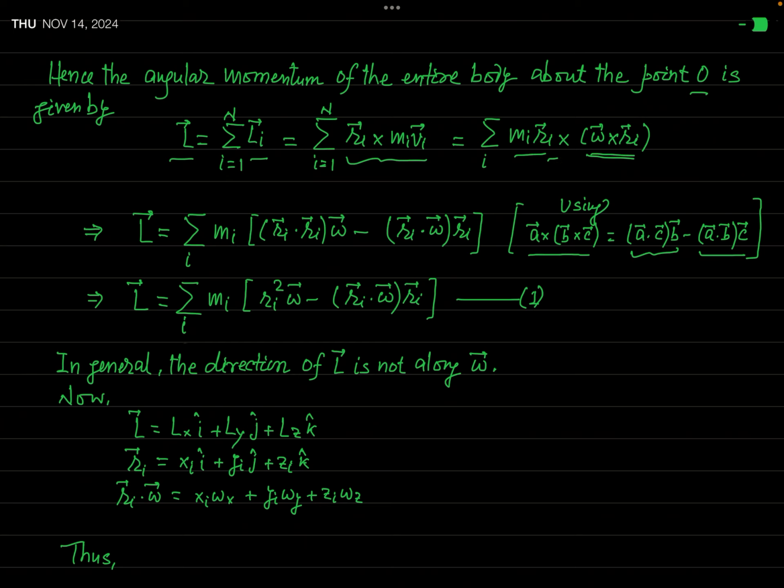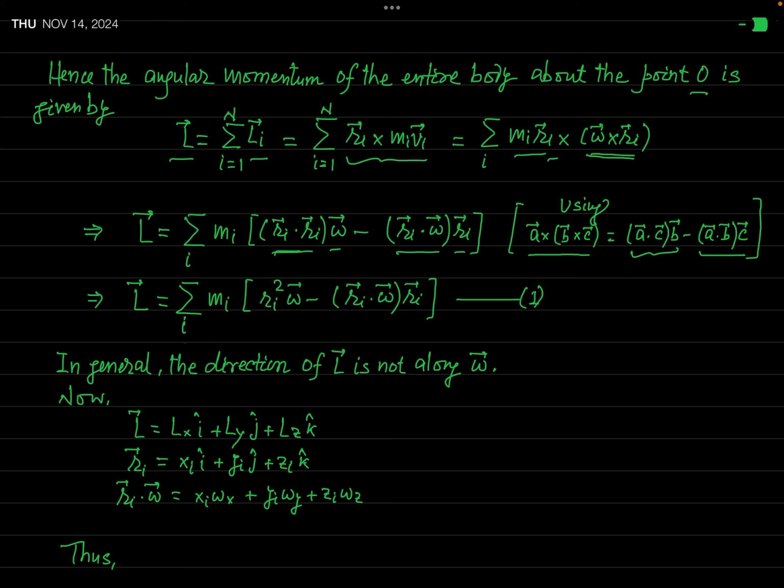Here at the place of vector A there is Ri, at the place of B there is omega, and at the place of C there is again Ri. So utilizing this formula, you can write L equals the summation over i of mi times Ri dot Ri times omega minus Ri dot omega times Ri. Okay.